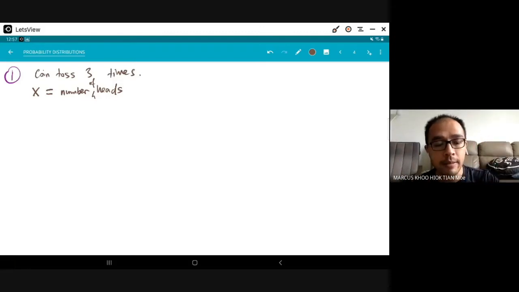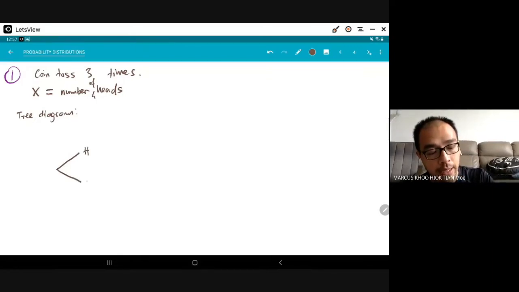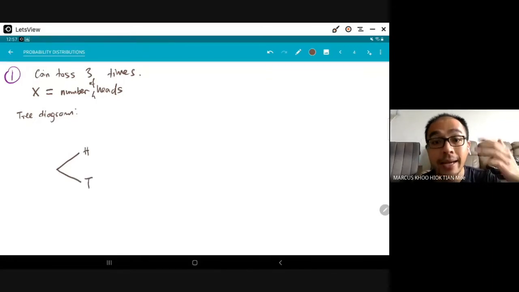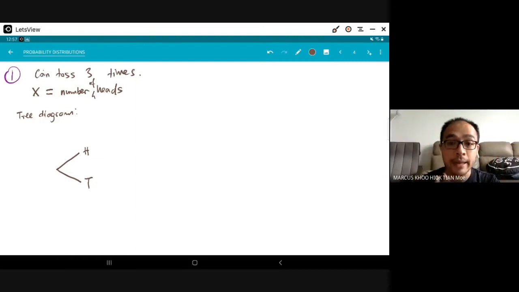So let's build a tree diagram. First time kamu lambung, you get heads or tails. Second time kamu lambung, let's say first time kamu dapat heads, the second time you also have a fair chance of getting head or tail.